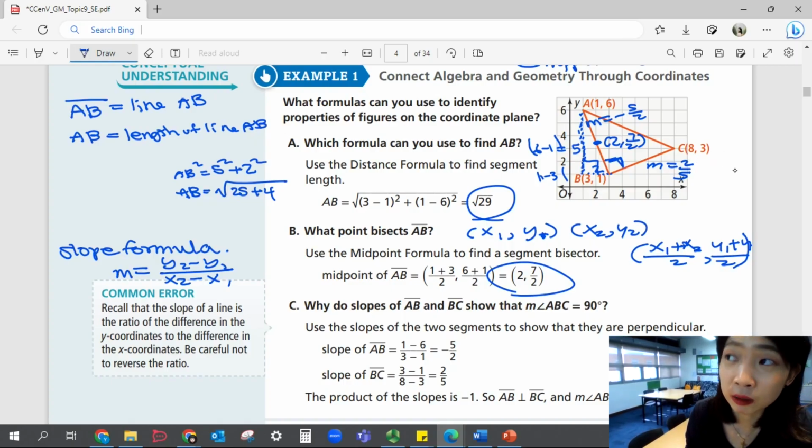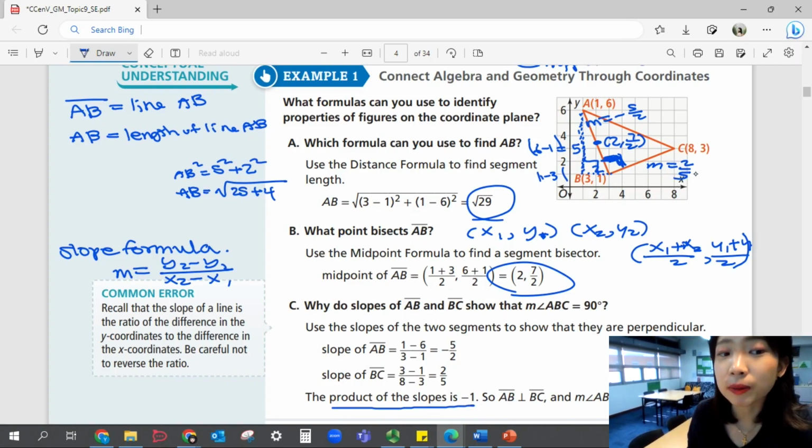So negative 5 over 2 and 2 over 5 are opposite reciprocals, which means these lines are perpendicular. So now you can prove that this angle is a right angle, okay?